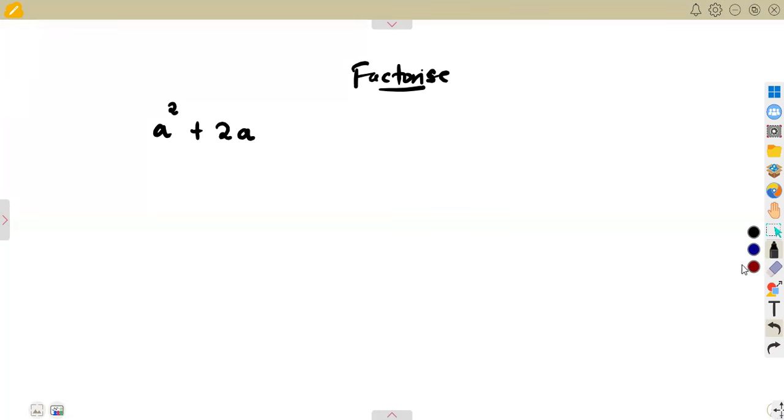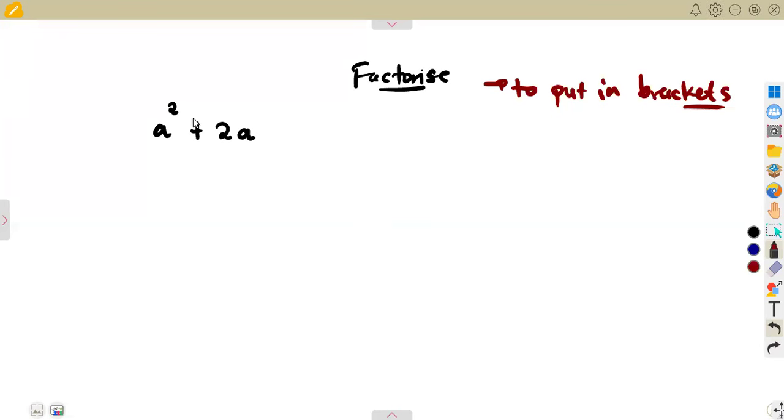So to factorize is simply to put in brackets. This time we must have the brackets. They are going to give us questions where the brackets are already there, and ask us to expand the brackets, to remove the brackets and simplify.